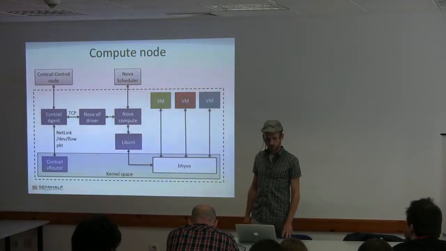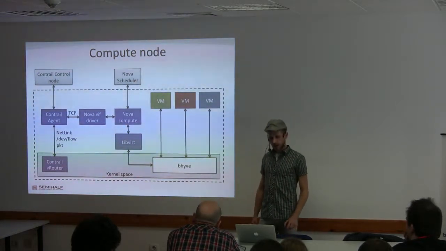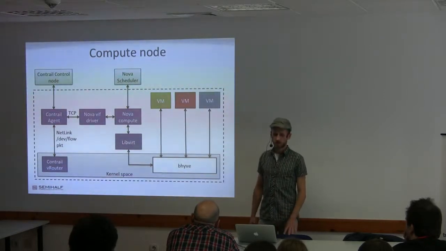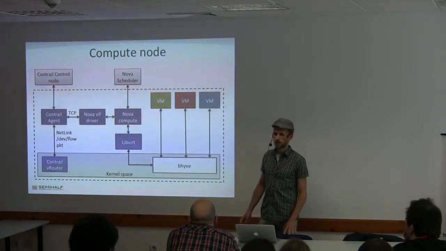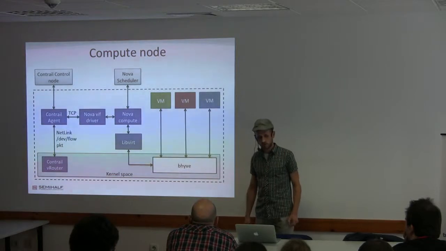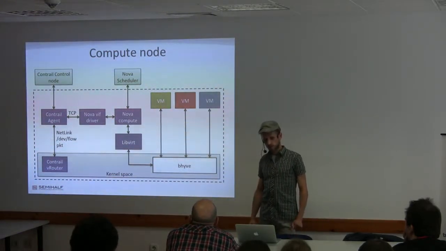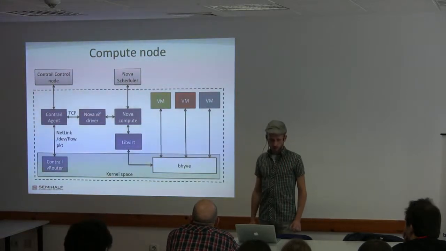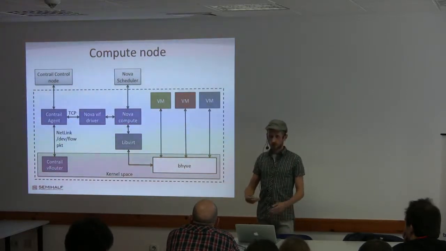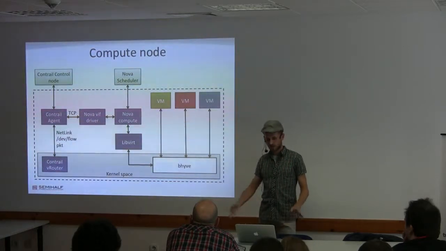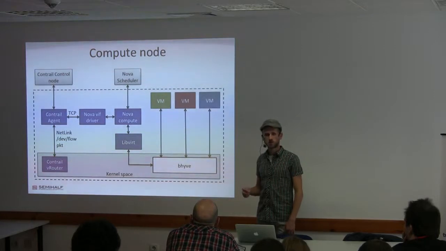It is controlled by the agent, and they communicate with each other using Netlink. Netlink is a Linux thing, not available in FreeBSD. But fortunately, the communication between the agent and the vRouter is only using Netlink, not any sophisticated features of Netlink, just the headers and the transmission control.